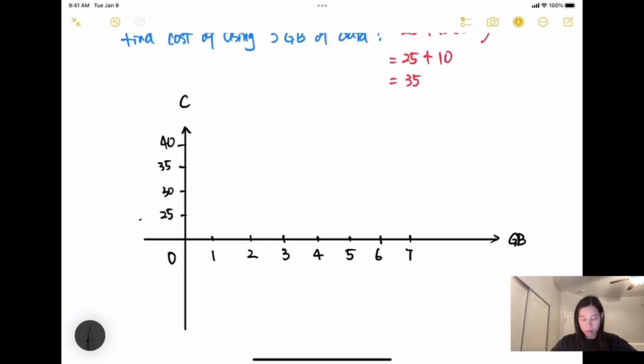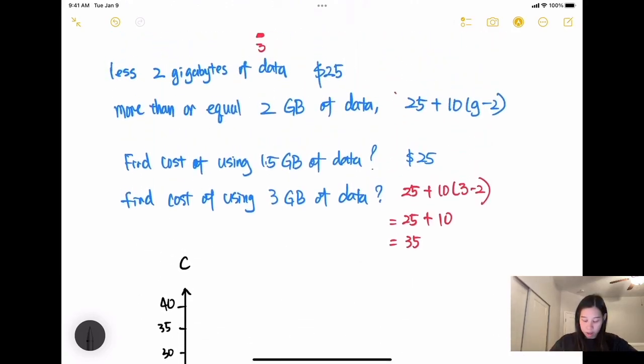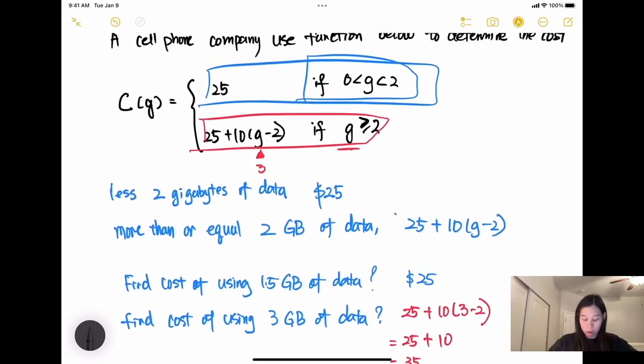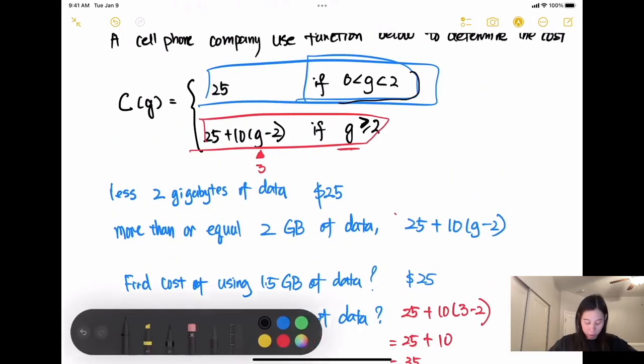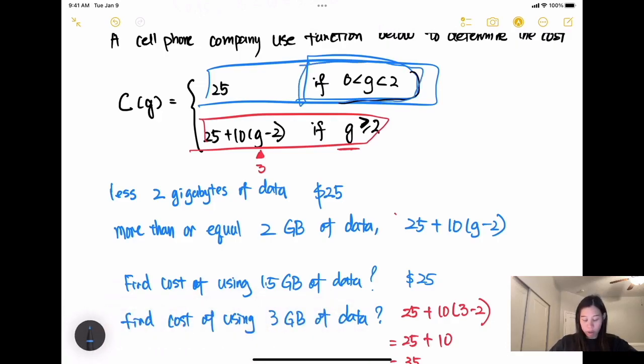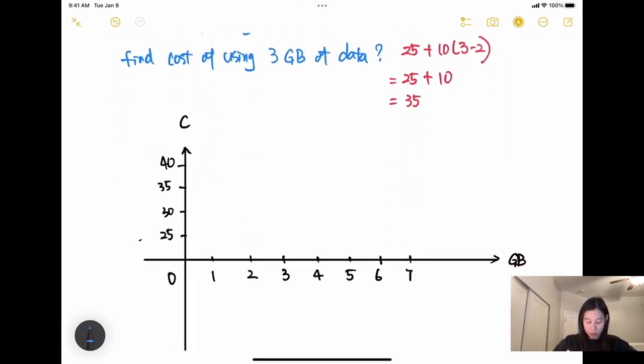Okay, so now take a look. The first part is here. I'm going to use a different color of pen. Let's use blue for the first function, which is when G is between 0 and 2. That means from here to here.